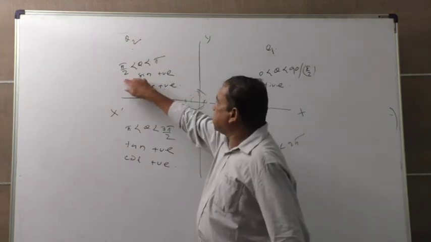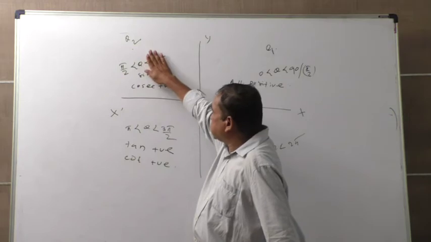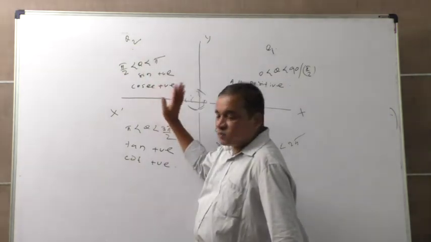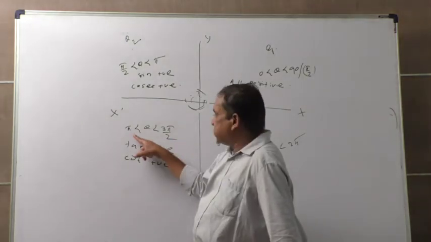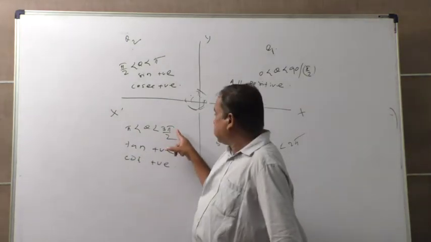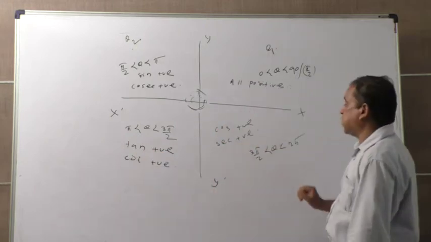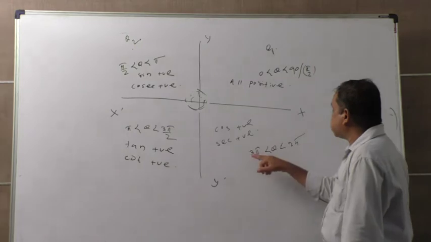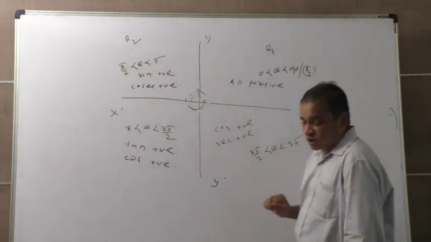In 90 to 180, second quadrant, only sin and cosec positive. In third quadrant, 180 to 270, pi is 180, 3 pi by 2 is 270, tan and cot positive. And in fourth quadrant, 270 to 360, cos and sec positive.